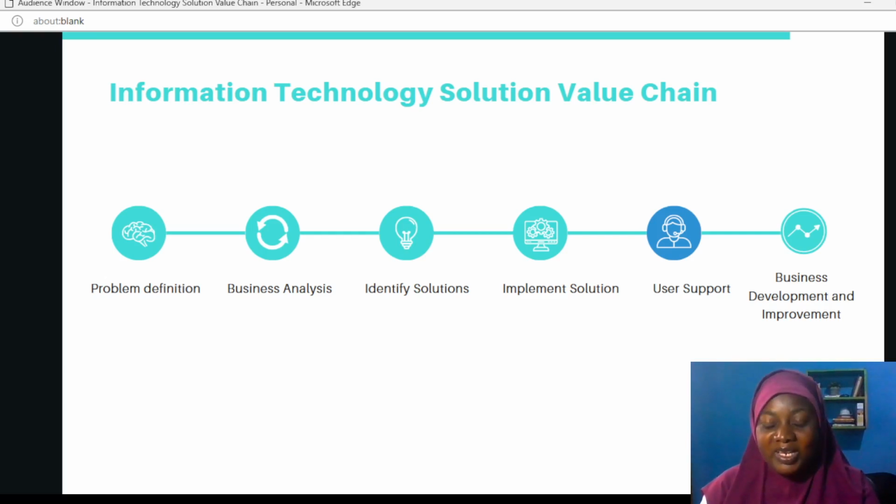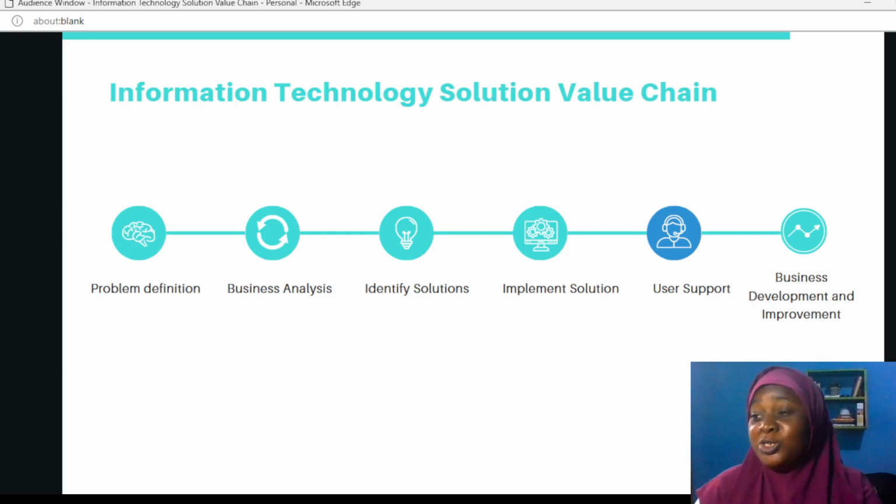How urgent is this problem? How urgent do they need to solve the problem? And also, what are the benefits of solving the problem? This is what is usually involved in business analysis. They also need to analyze what our business processes are and how we can improve them. We're going to look at it more in the next pages.